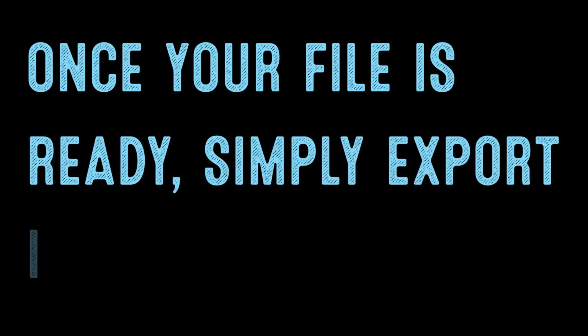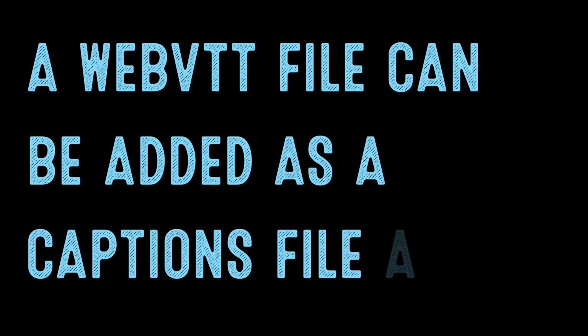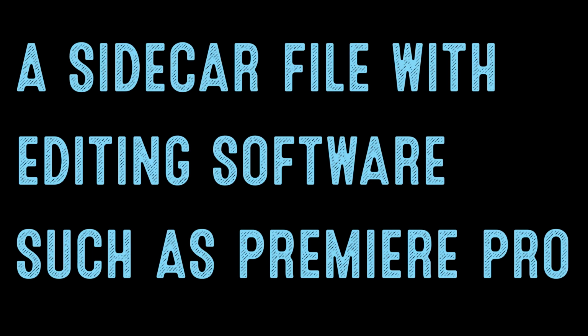Once your file is ready, simply export it as a .vtt format. A WebVTT file can now be added as a captions file along with your project on YouTube, Vimeo, social media, or as a sidecar file with editing software such as Premiere Pro.